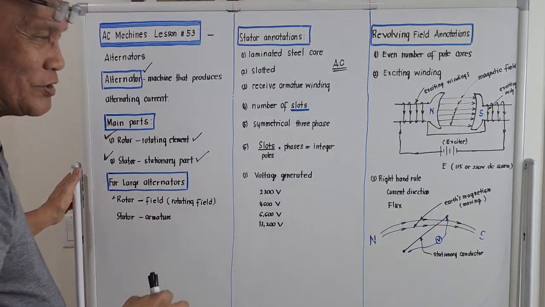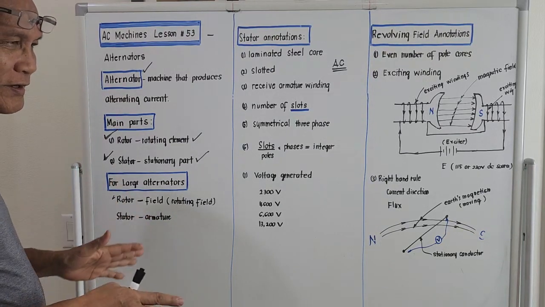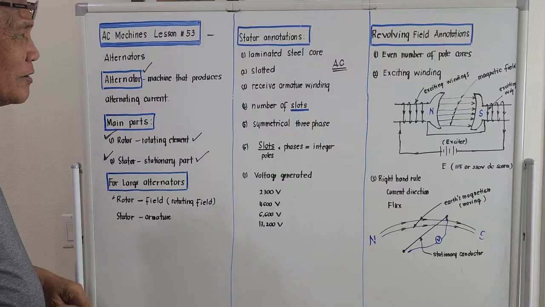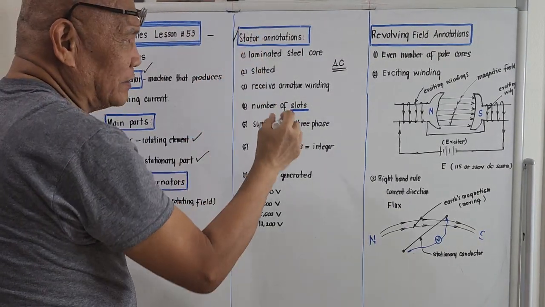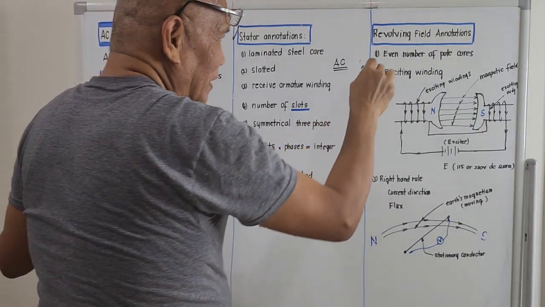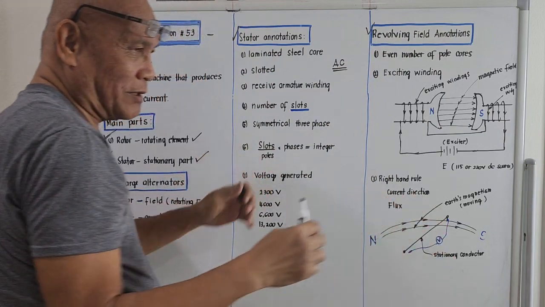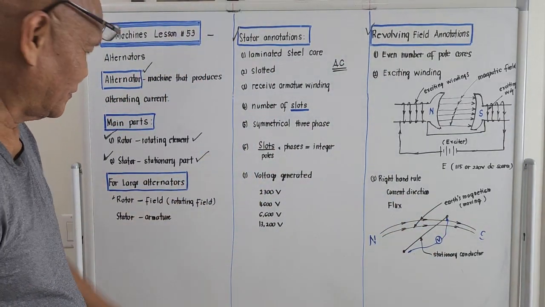So, to produce alternating current using a generator that engineers design, we must bring out some stator annotations and the revolving field annotations. We should know something about them before we could manufacture an alternator to produce an alternating current.